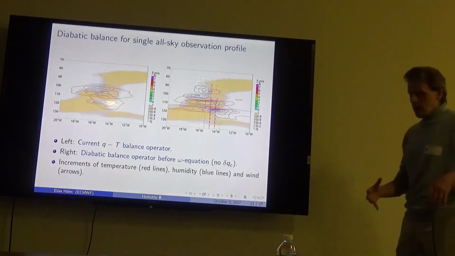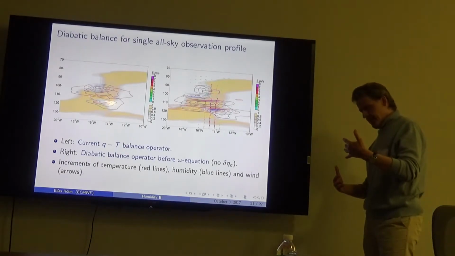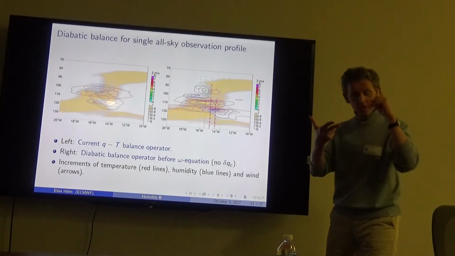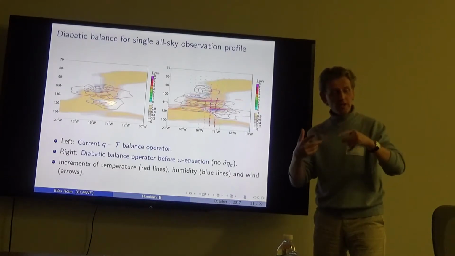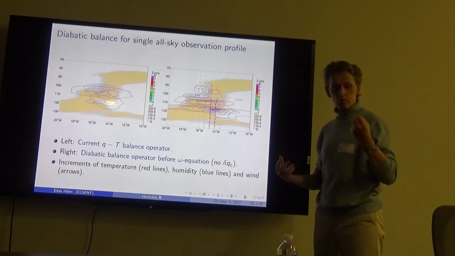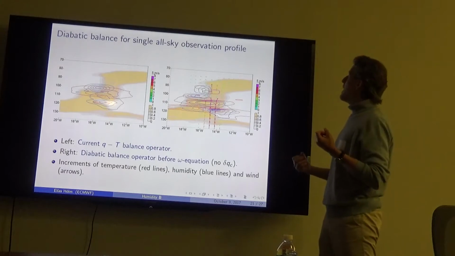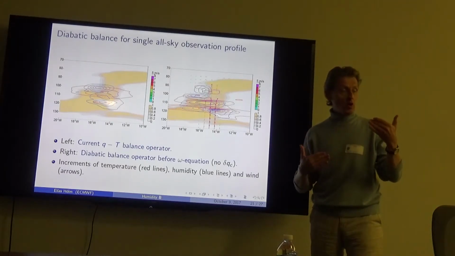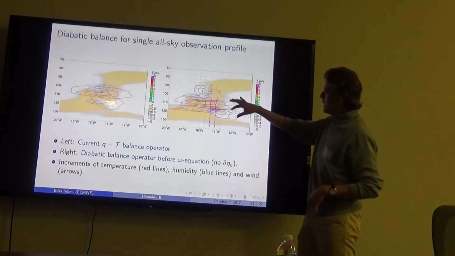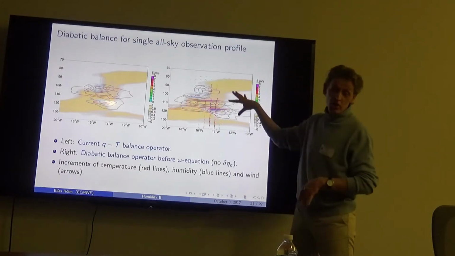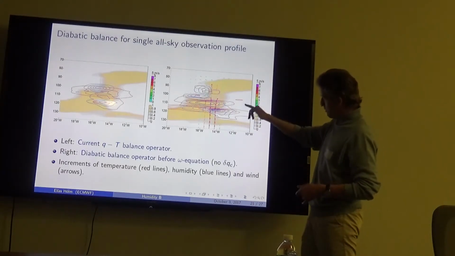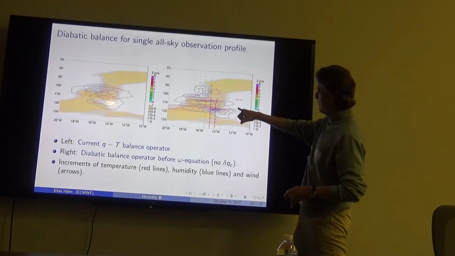But if you now do the saturation adjustment for temperature, so you get temperature increments in response to water vapor as well, and you apply it before the omega equation, then of course the increments do change. But the important part is that you do now get the wind shears.